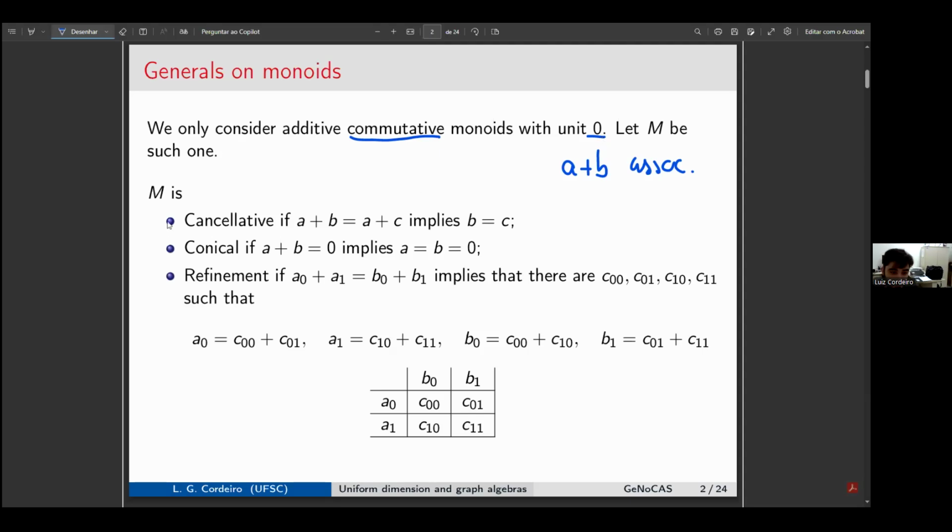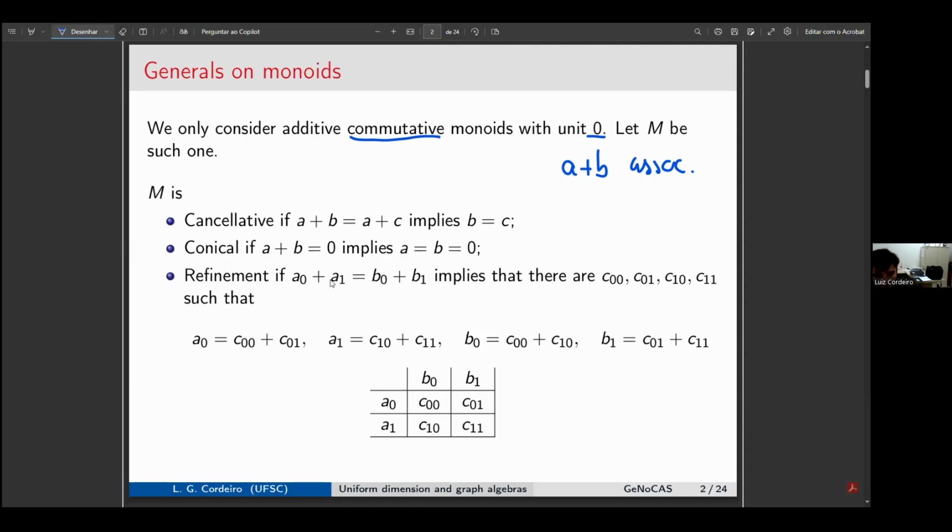We say that a monoid is cancellative if the cancellation law applies, and it's conical if it has this funny condition: if the sum of two elements is 0, then both elements have to be 0. For example, the natural numbers would be such a one. And it's a refinement monoid if it has this nice decomposition property.